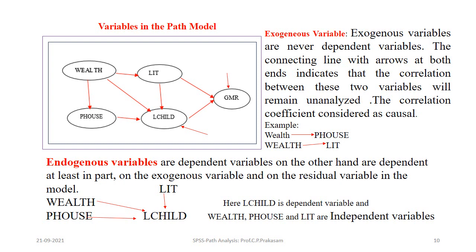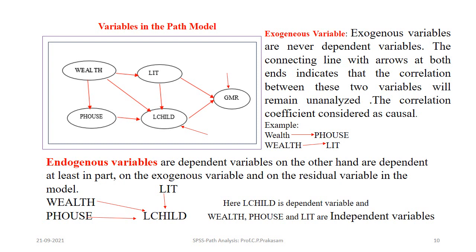The correlation coefficient is considered as a causal analysis. If the exogenous variables have no arrows coming in, only arrows going out, then the relation between the two variables is established by the correlation coefficient. If you see here, from wealth to Pakka houses and wealth to literacy, the arrows are going out and it is considered an exogenous variable.